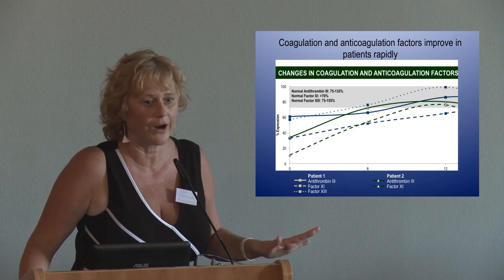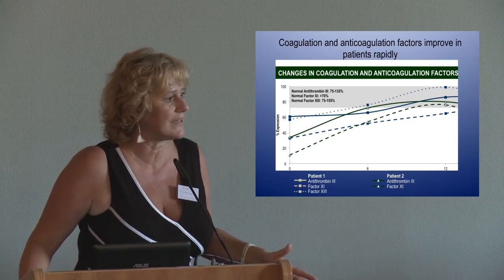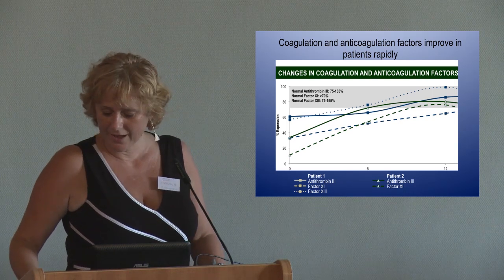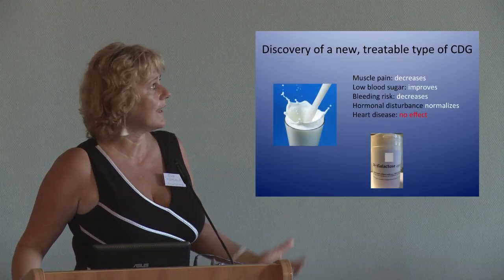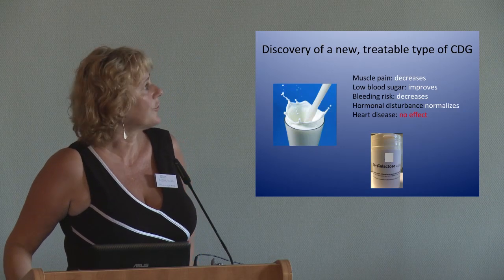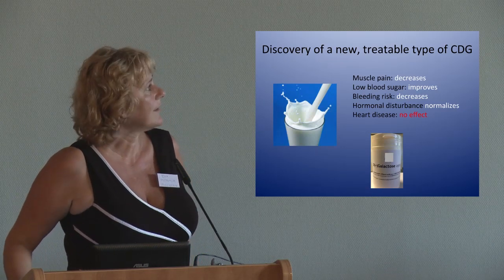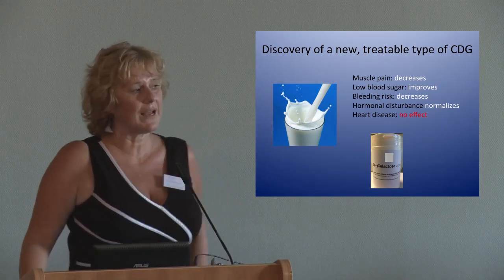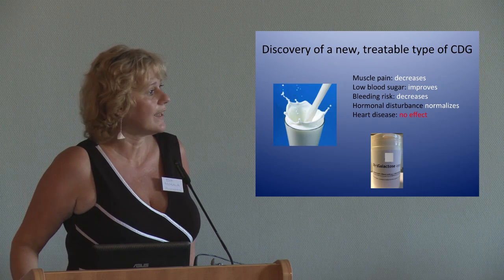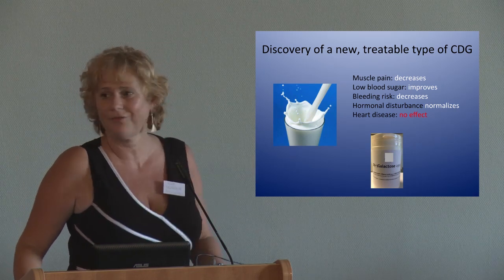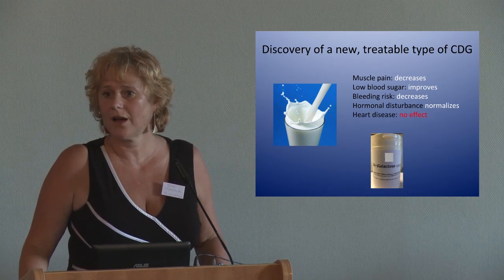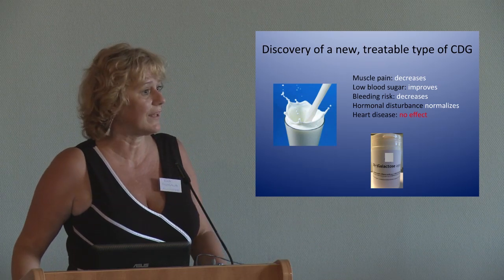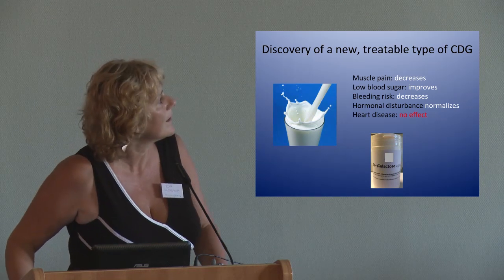They have no more bleeding episodes, no bruising, no nose bleeding. It totally gets better. There are also improvements in liver function tests, less frequent hypoglycemia. The hormonal disturbance normalizes a little bit longer. It takes longer than the coagulation factors. Actually, the most improvement we see after 6 months or a year when we keep on giving galactose.